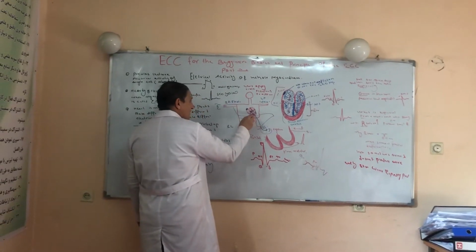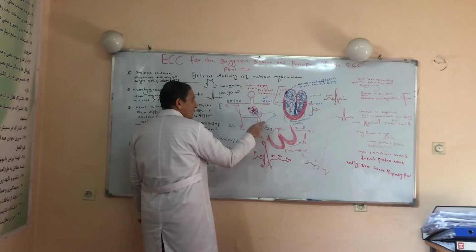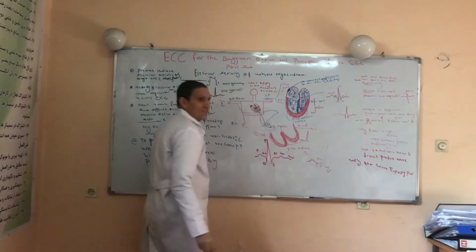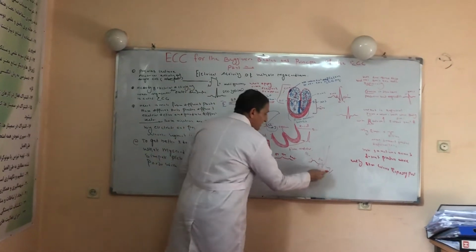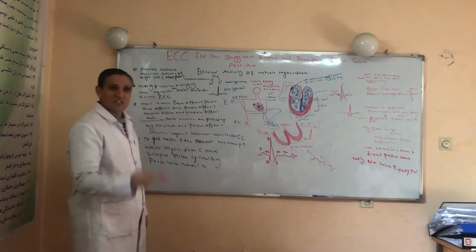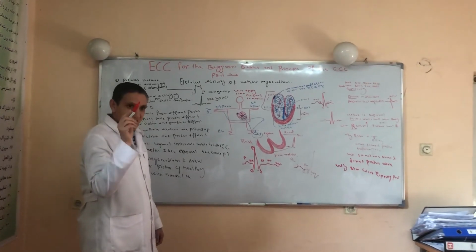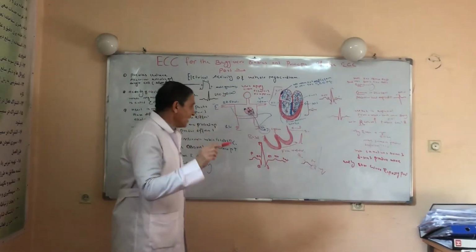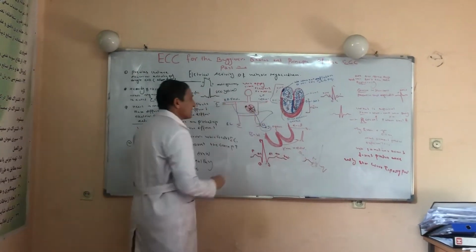So the septum is depolarized by the left bundle branch from left to right. When the vector moves away from the electrode, it produces a negative deflection, small but rapid. Why is it small? Because the septum is small. And why is it negative?